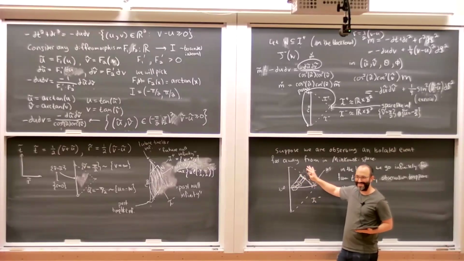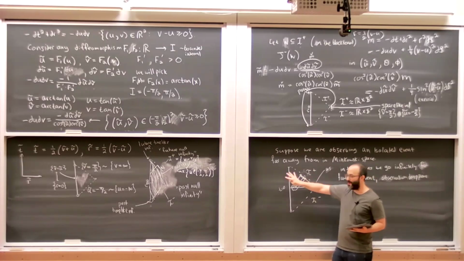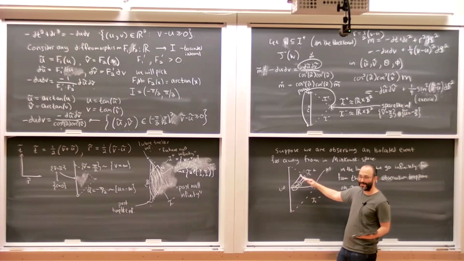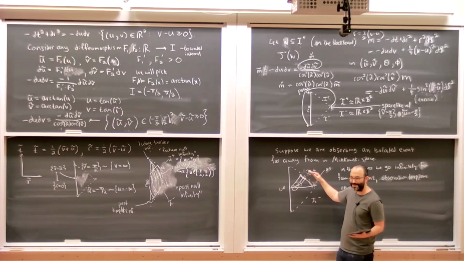So there's nothing bad that happens. All sorts of strange and singular things can happen in general in relativity. But if you're far away enough that you live on future null infinity, you're always fine, and nothing bad happens. Okay.